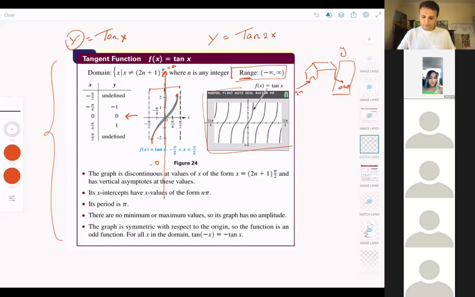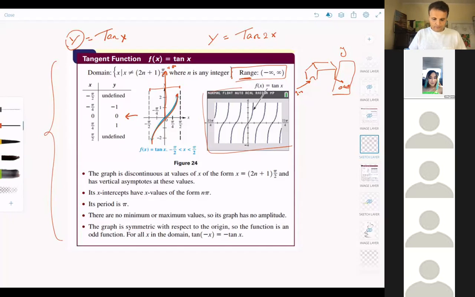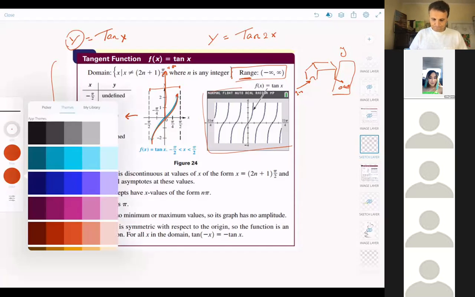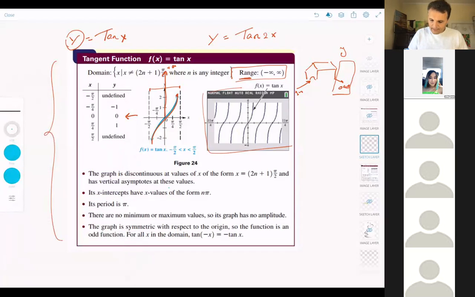What is the domain of tangents? In the graph of tangent, we see that we have pi half vertical asymptote, negative pi half, and this keeps repeating. For example, at this point is pi half, then we have 3 pi half, correct? So how do we list them as a domain?